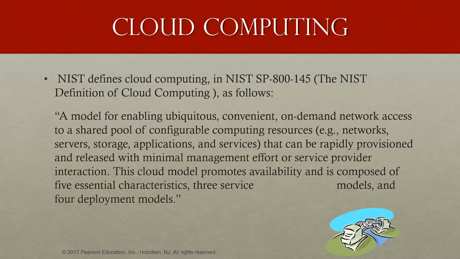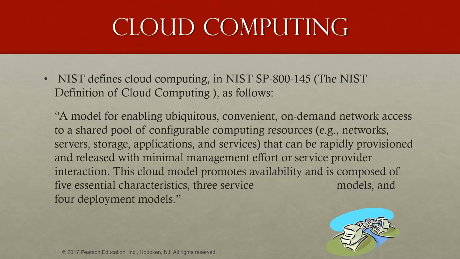NIST defines cloud computing as a model for enabling ubiquitous, convenient, on-demand network access to a shared pool of configurable computing resources. For example, networks, servers, storage, applications, services that can be rapidly provisioned and released with minimal management effort or service provider interaction.